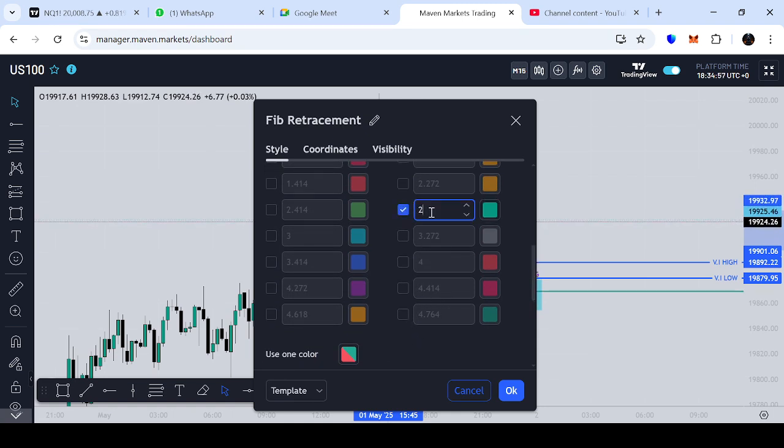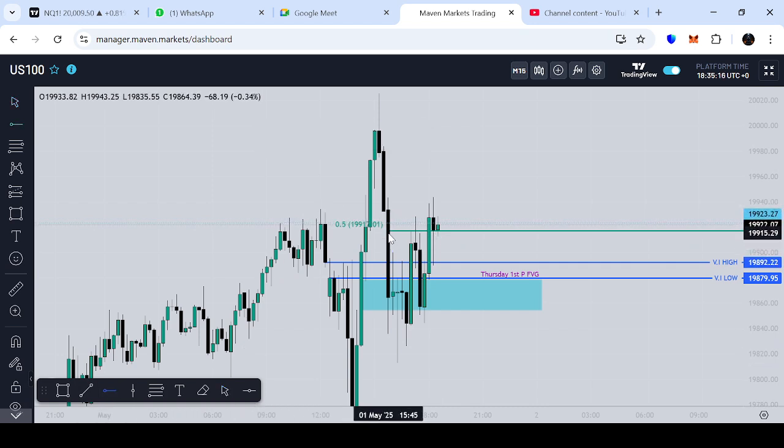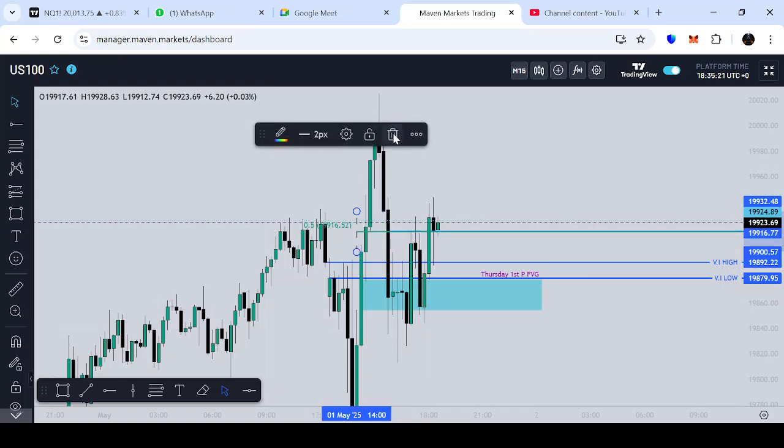That's the 50%, that's 0.5, acting as a major support level. You can see the candle body closing at the consequent encroachment.